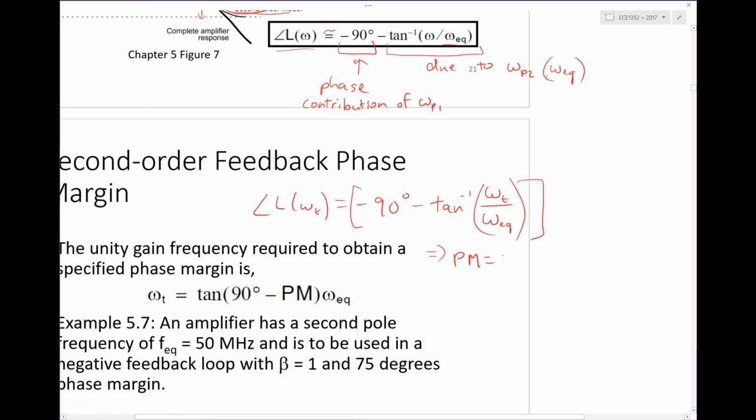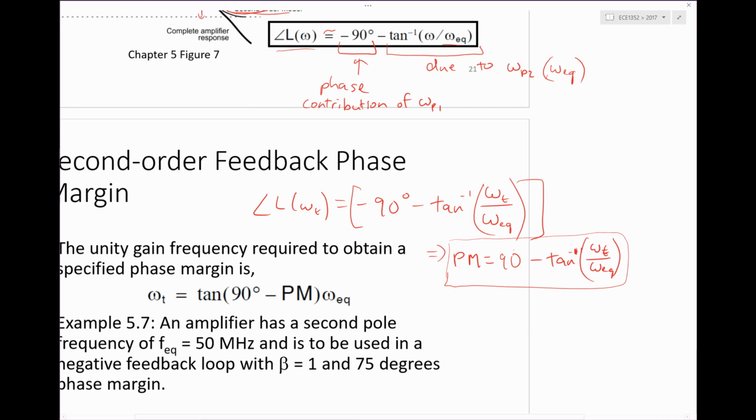This is 90 minus tan inverse of omega t over omega EQ. And this expression here is sort of an analysis equation, because if we know what omega t is and the second pole frequency, we could find out the phase margin of our second order feedback loop.